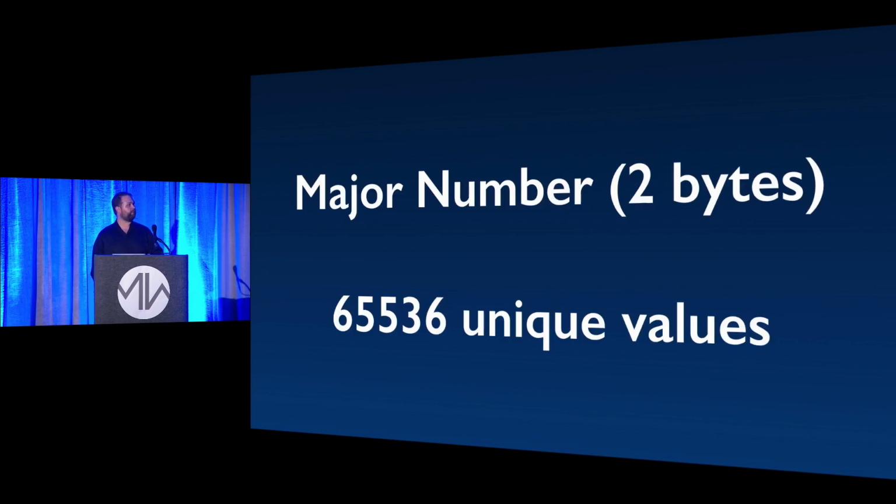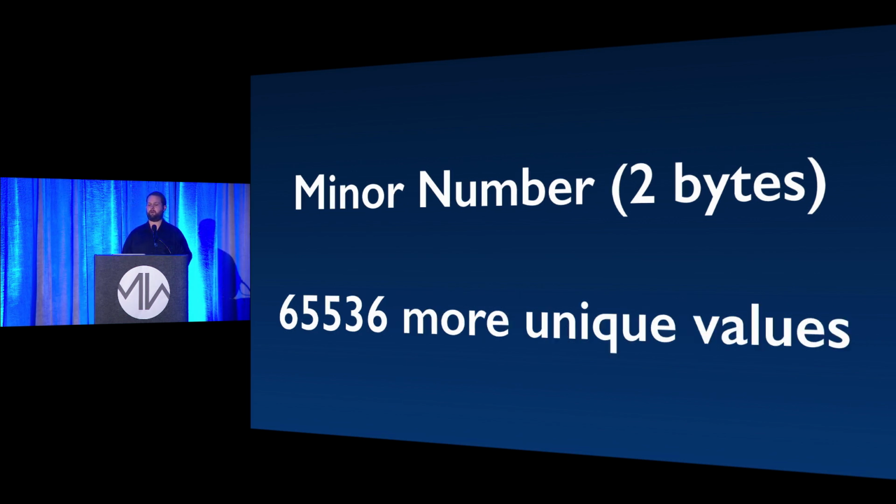Now, the major number, it's a 2-byte value, and it gives you about 65,000 unique values to work with. You can assign these in any way that makes sense for your application. The minor number is another 2-byte value, and it works the same way. Another 65,000 unique values to work with. You can assign it in whatever way makes sense.